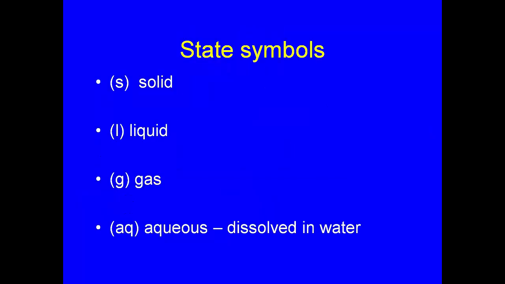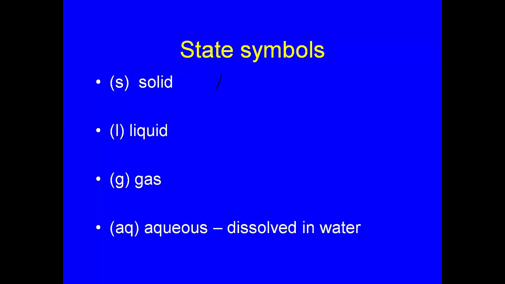State symbols. If we say you need to include the state symbols, we're going to work our way up. Some of the ones that are pretty obvious, we're going to be using, and we're going to talk in a few weeks about how I know if something's going to be aqueous or a solid, but we also say it in words. So if it says iron, or if you look on the periodic table and you know it's a solid at room temperature, that's how sometimes I know it's solid.